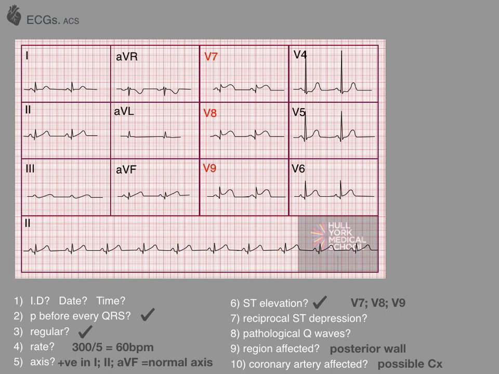You can now hopefully appreciate that there is ST elevation present in V7, V8 and V9. So this ECG confirms indeed this patient is having a posterior ST elevation MI. This would meet STEMI criteria, and therefore the patient could be referred immediately for primary percutaneous coronary intervention and revascularization of the artery.